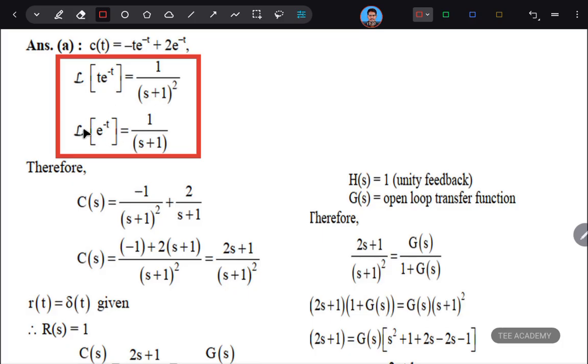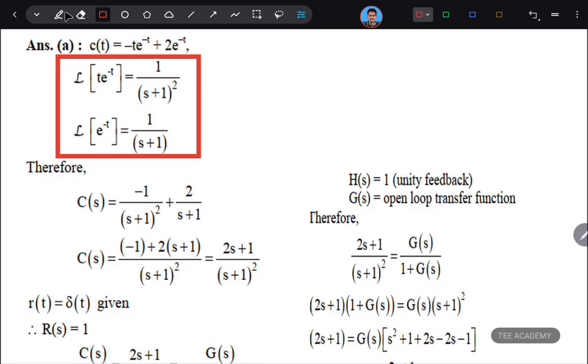Laplace transformation of e power minus t is equal to 1 by (1 plus s). So I am using these two formulas. Therefore, C of s is equal to minus 1 by (s plus 1) whole square plus 2 divided by (s plus 1).